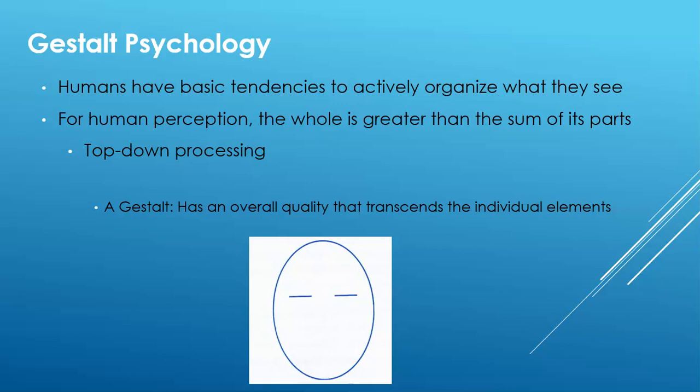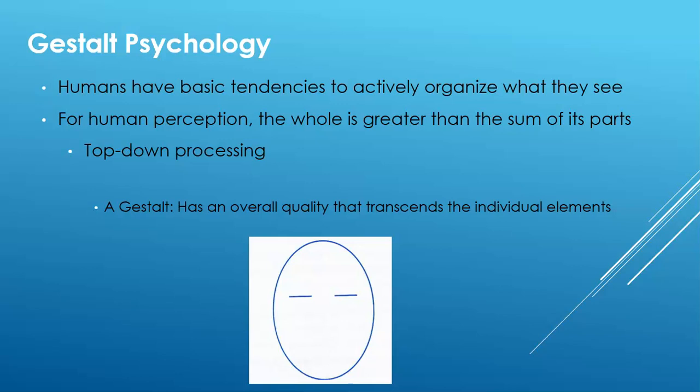So Gestalt psychology says that humans have basic tendencies to actively organize what they see. For humans, perception, the whole is greater than the sum of its parts. In other words, Gestalt theory is saying that top-down processing is ideal and is usually chosen first by your brain.